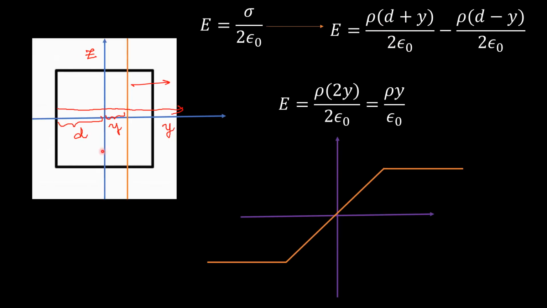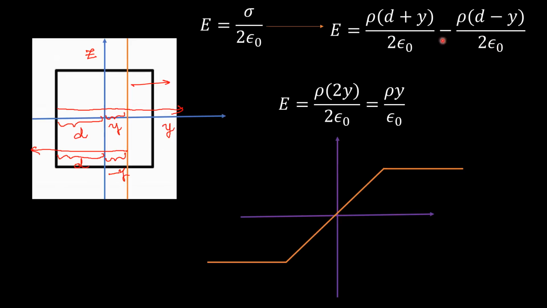So rho multiplied by d plus y divided by 2 epsilon naught. Then what about this direction? In this direction you have to subtract y. That is, along this direction you have d and you have to subtract this y, d minus y. So this is equal to minus, because we are taking in the opposite direction, there is a negative sign, minus rho d minus y divided by 2 epsilon naught.